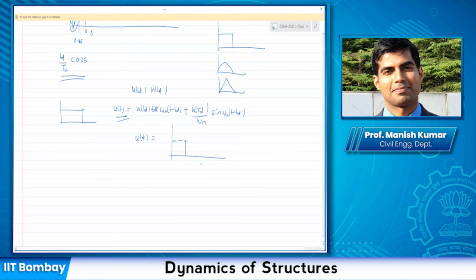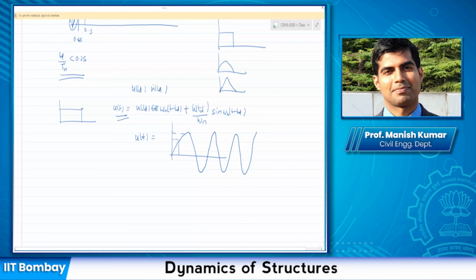Sorry, this is not a correct representation. It would look like, let us say this, so that it is still increasing and the peak response occurs during the free vibration phase.